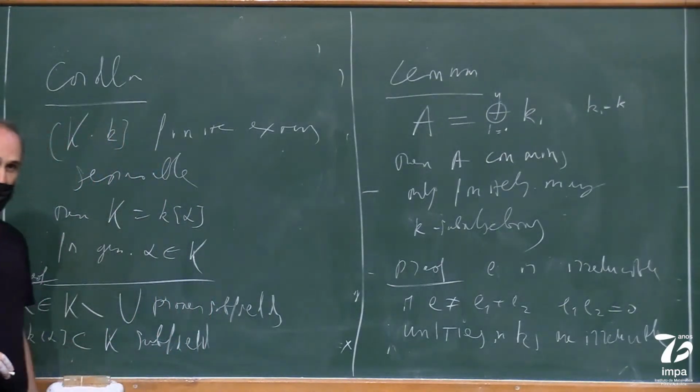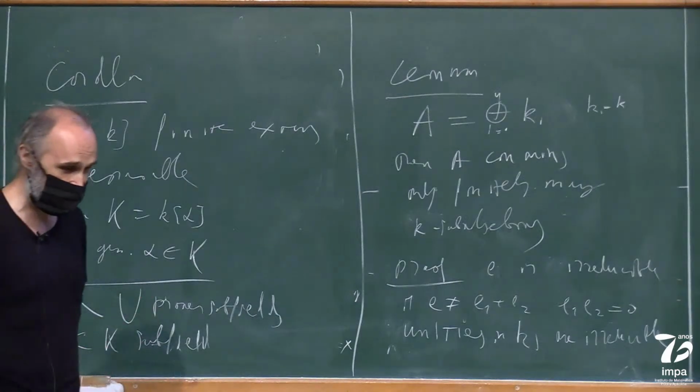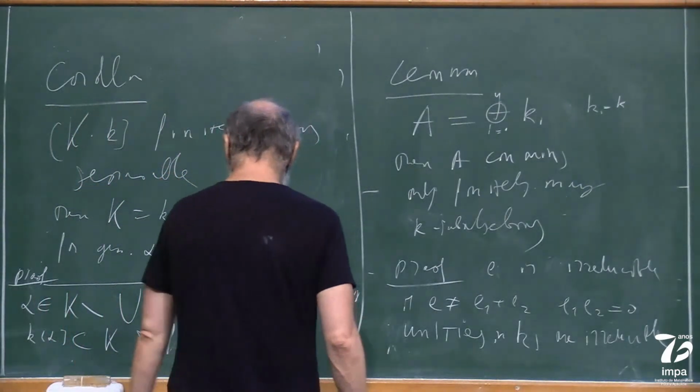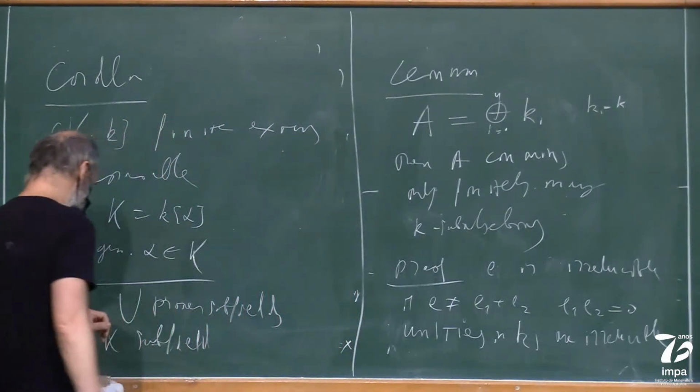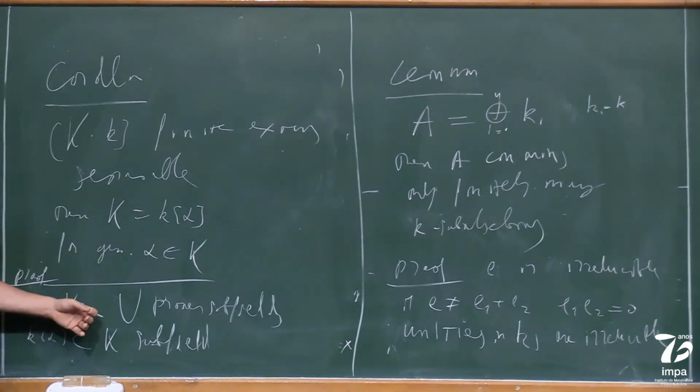Right? It's a subring. Well, every subring in a finite extension is a subfield, in fact. But you can generate a subfield anyway. So this is a subfield. But it cannot be a proper subfield because all proper subfields are removed. Alpha doesn't belong to a proper subfield.